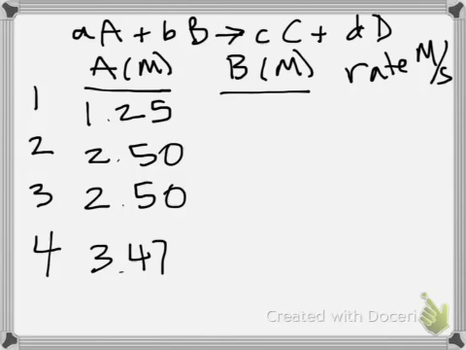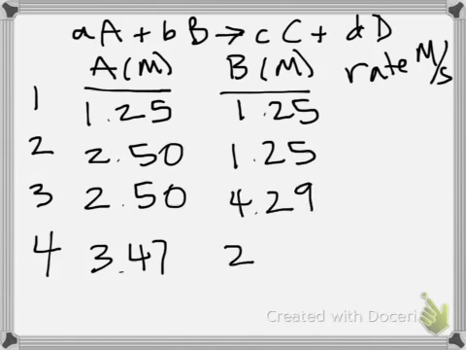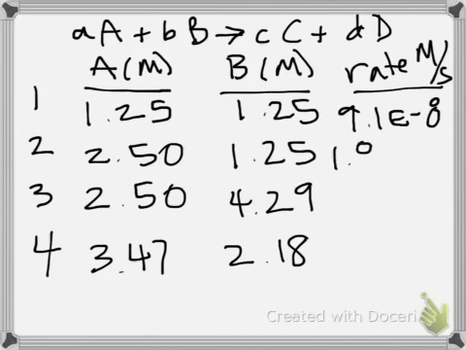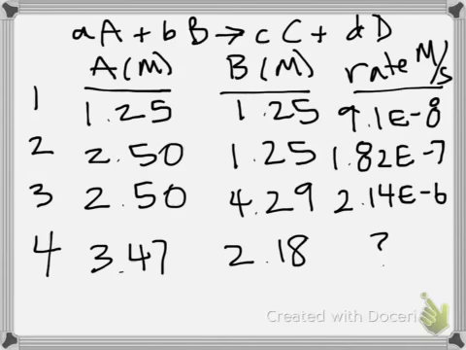The concentrations of B are 1.25 molar in the first, 1.25 molar in the second, 4.29 molar in the third, and 2.18 molar in the fourth. The rates of the reaction are as follows: 9.1 times 10 to the minus 8th in the first, 1.82 times 10 to the minus 7th in the second, and 2.14 times 10 to the minus 6th in the third. You're going to calculate that for the fourth experiment.